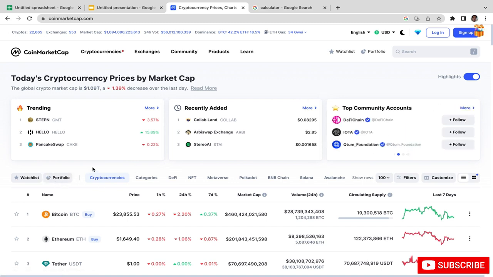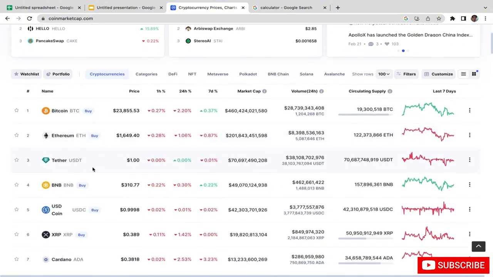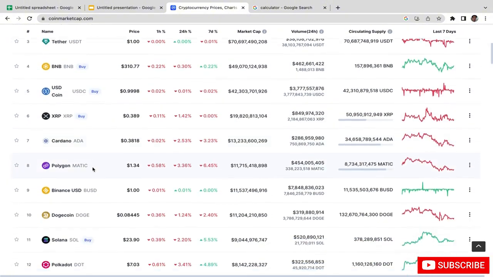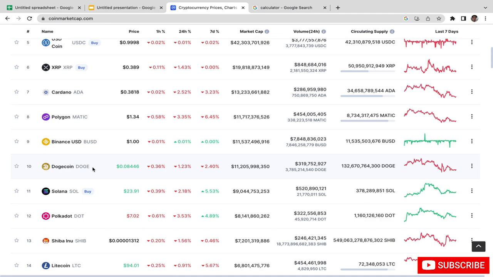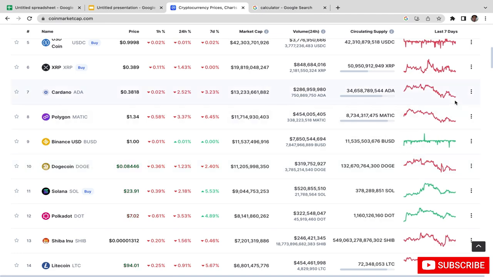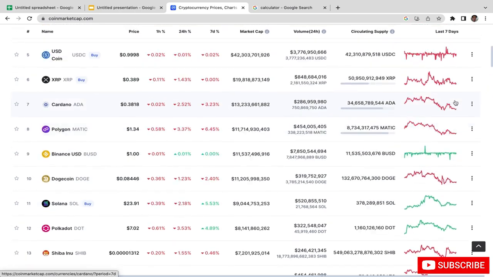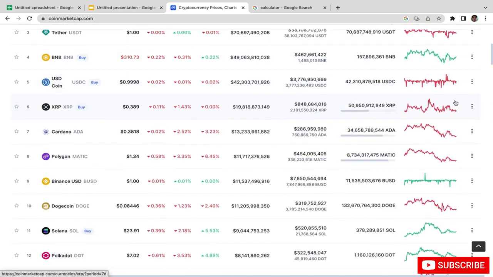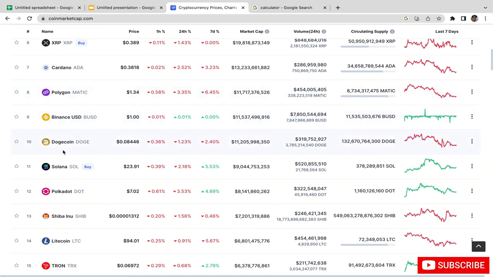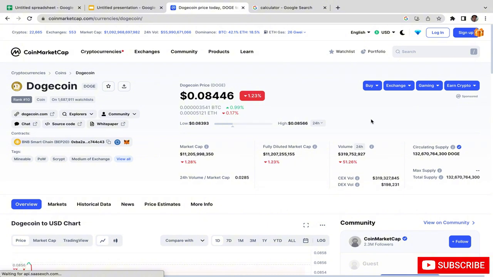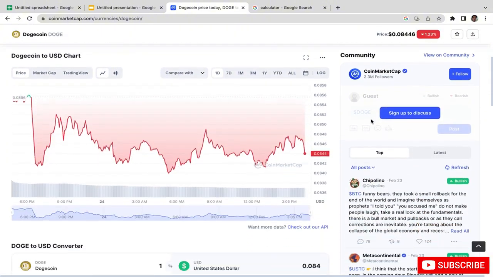Let's scroll down, just in case you haven't been on this website before. Be patient with yourself, spend some time to explore and become more familiar with this website and understand how it actually works. So let's go down here. I'm going to pick Dogecoin as an example. I don't have a specific reason why, I just like it.